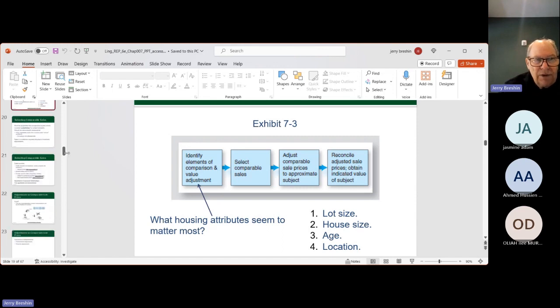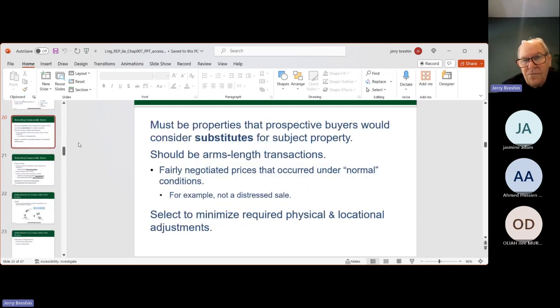Let's move down. Okay, properties again: buyers and sellers would look at substitutes, homes that are similar. You may see the words arm's length transactions. An arm's length transaction is a concept used simply for transactions of homes under normal conditions. It's not being given to you as a gift, for example.